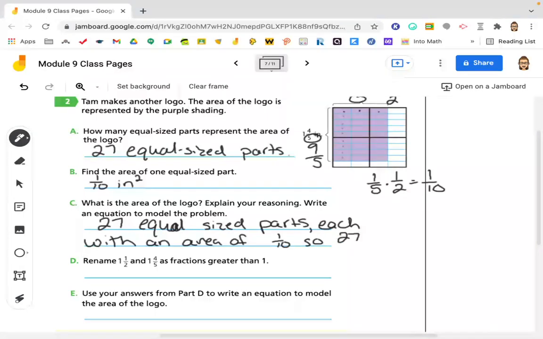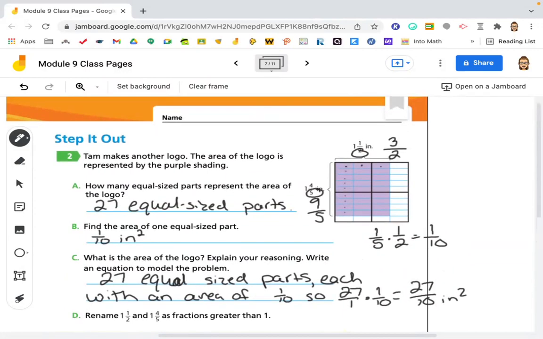So 27 times 1/10, 27 tenths inches squared. This says rename 1 1/2 and 1 4/5 as fractions greater than 1.